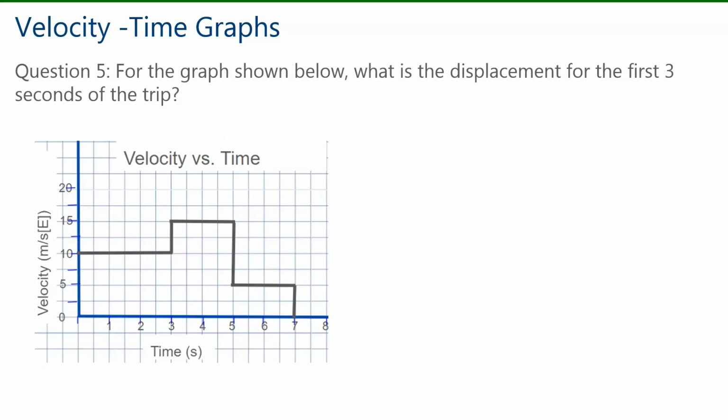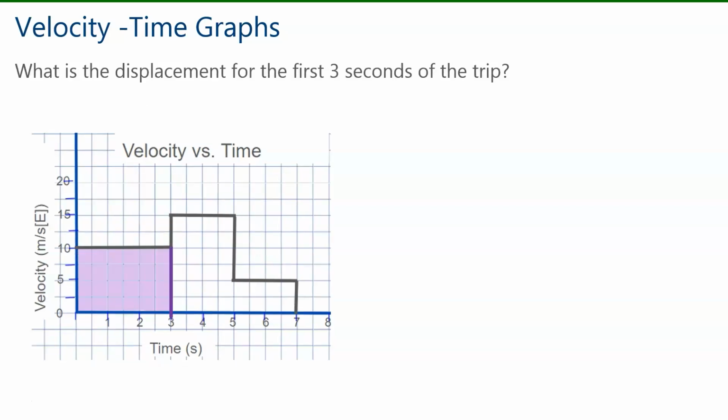Our next question asks, for the graph shown below, what is the displacement for the first 3 seconds of the trip? So remember, to find displacement from a velocity time graph, you need to find the area under the graph. Your first step is going to be to draw a line down to form our shape. So we're drawing a line down to the x-axis, and we can see that our shape is a rectangle.